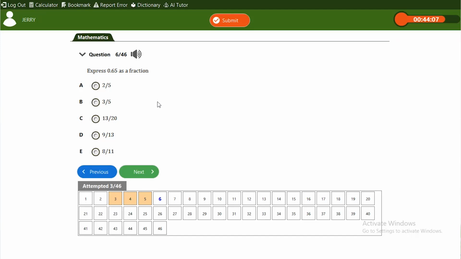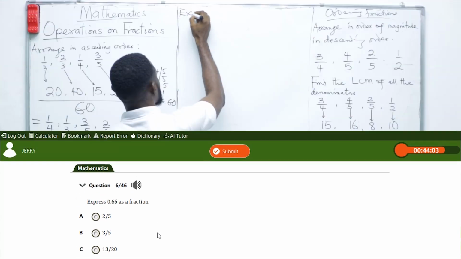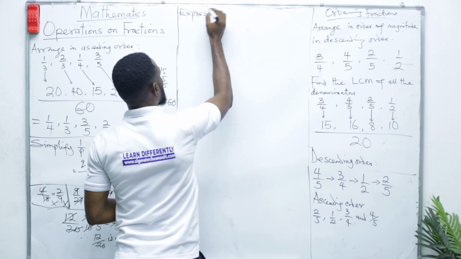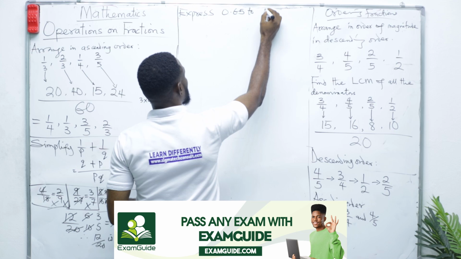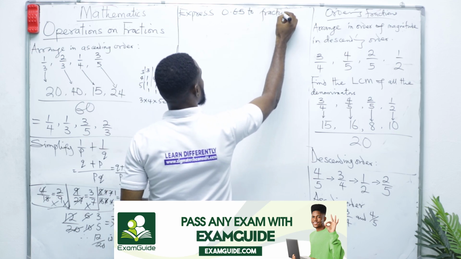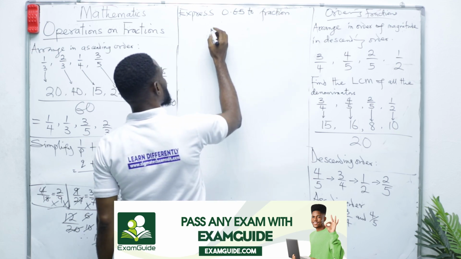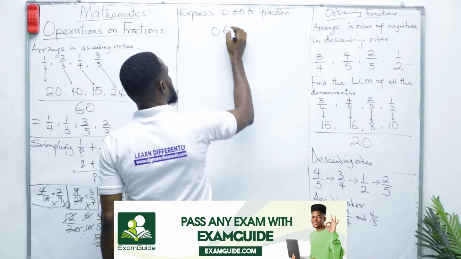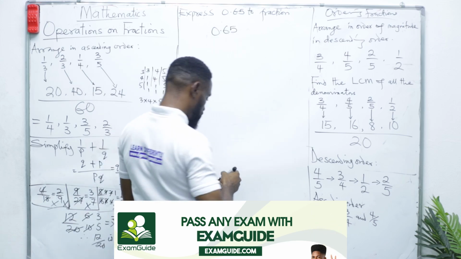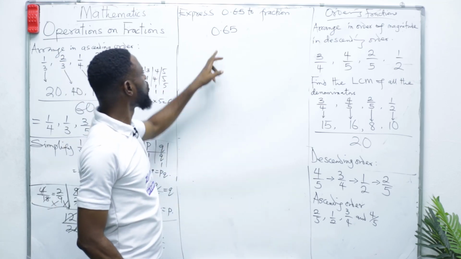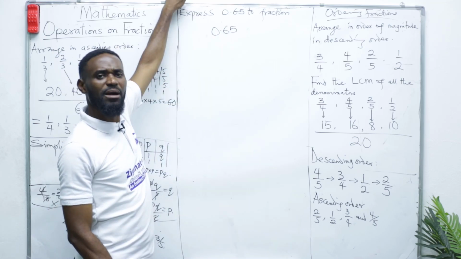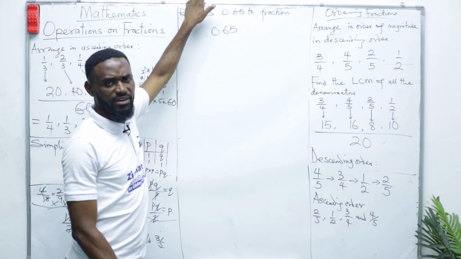So we're asked to express 0.65 as a fraction. Our problem here is to remove this decimal point and make this a number in fraction.